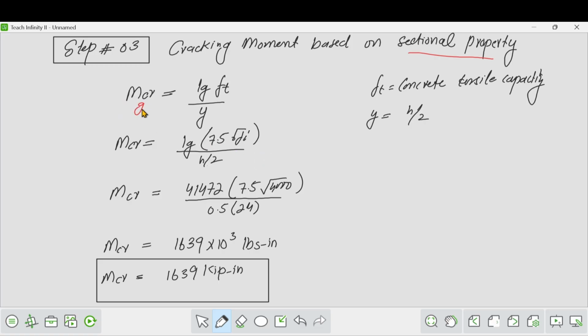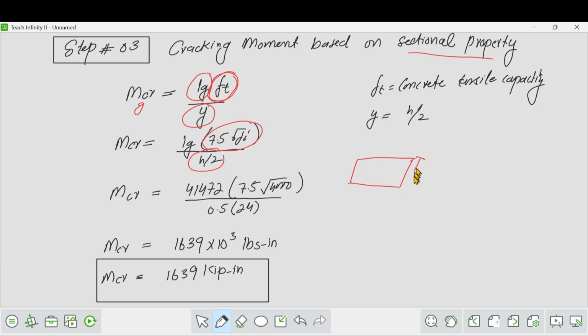Okay, now in step 3, the cracking moment based on the gross sectional property. Mcr of the gross sectional property equals fr times Ig divided by Yt, where Ig is the gross moment of inertia, fr is the tensile strength of the concrete, and Y is the vertical centroid of the section. The formula for tensile strength, which is given, we have assumed as 7.5 √f'c. So Y is h divided by 2 because it is a gross cross section.